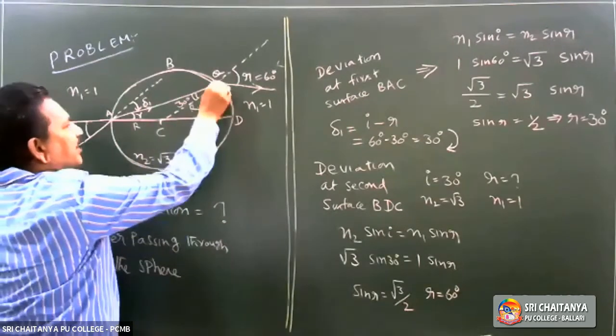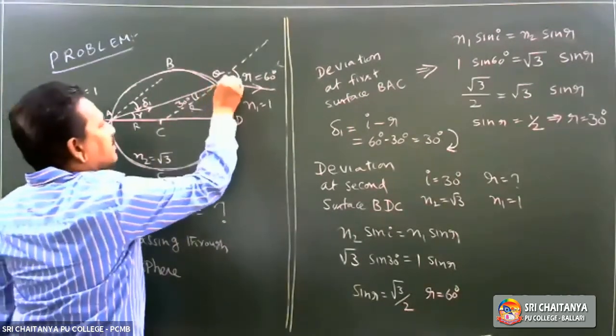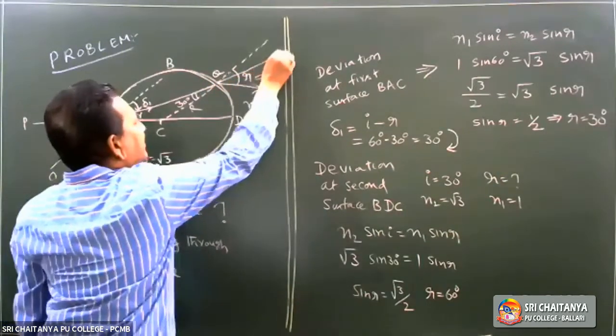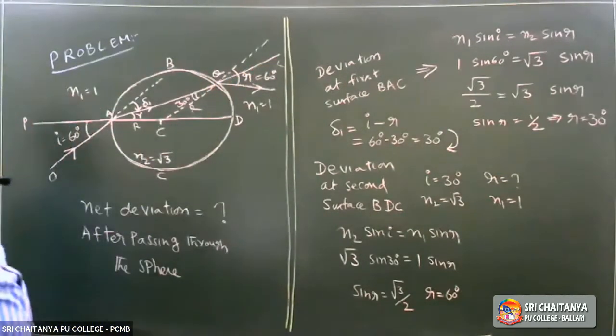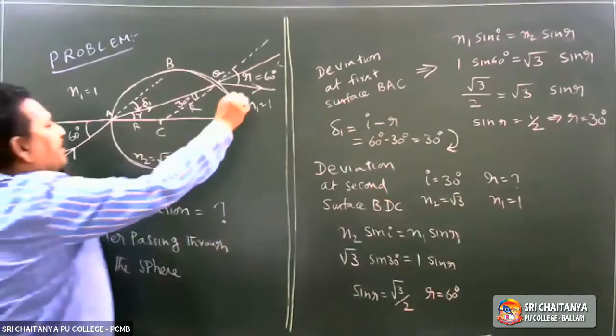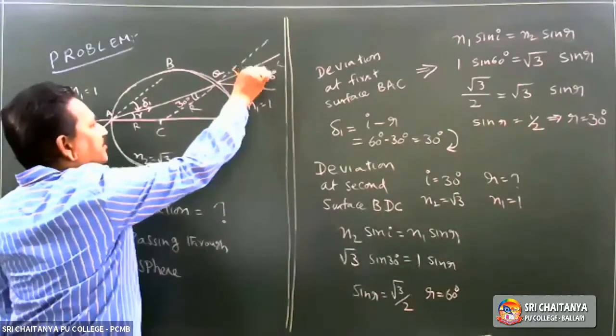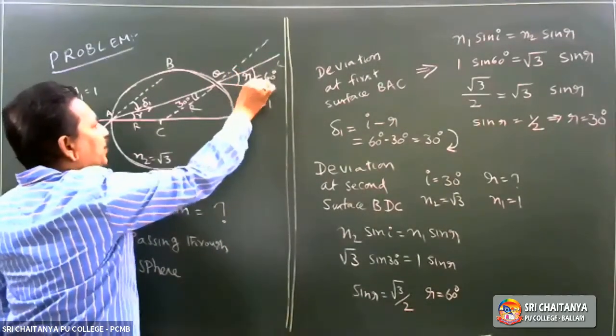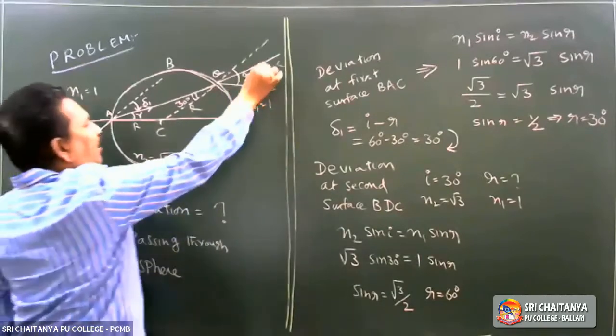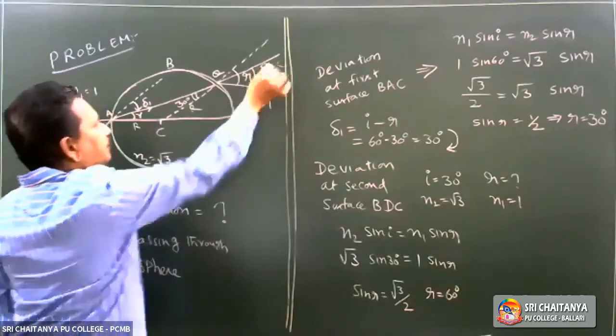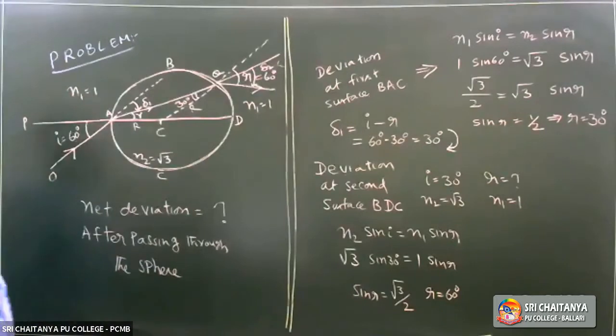Calculate the deviation. The light ray has to pass like this. This is the actual path. Then what is the deviation? This is the deviation, actual path to refracted. Delta 2.